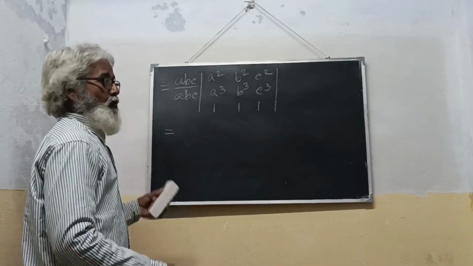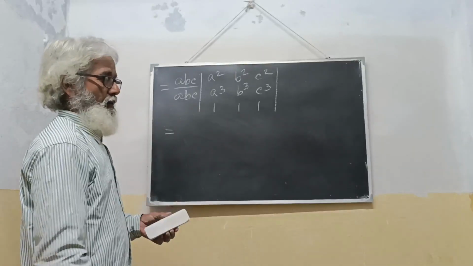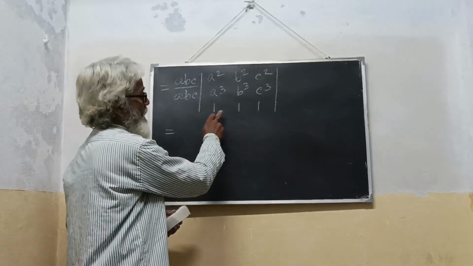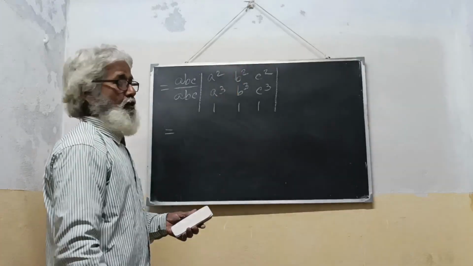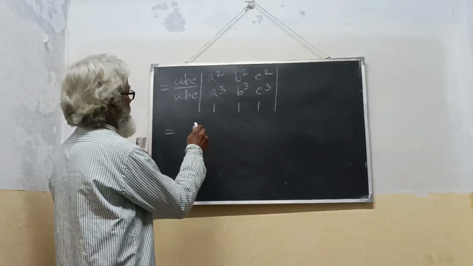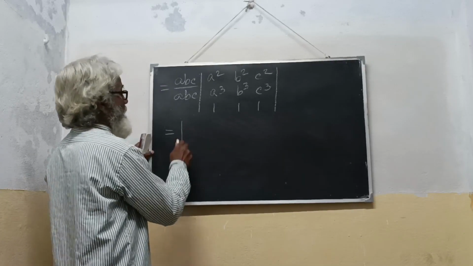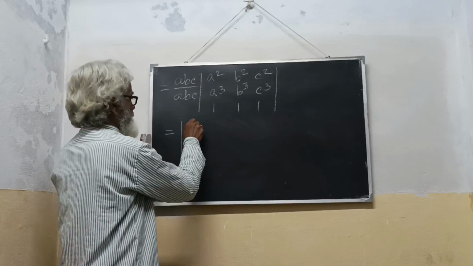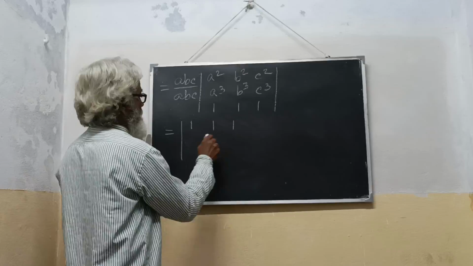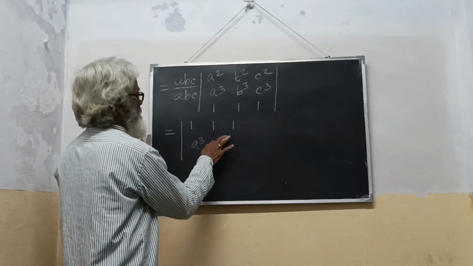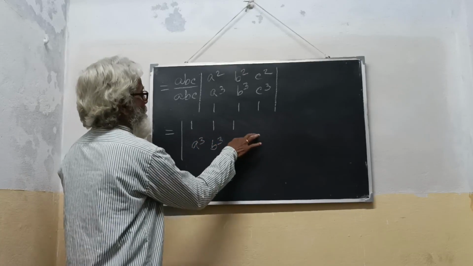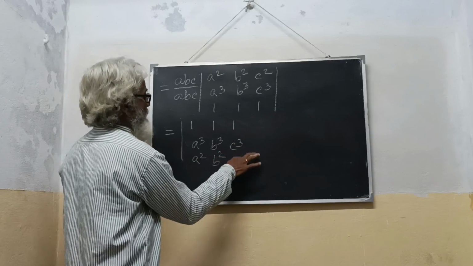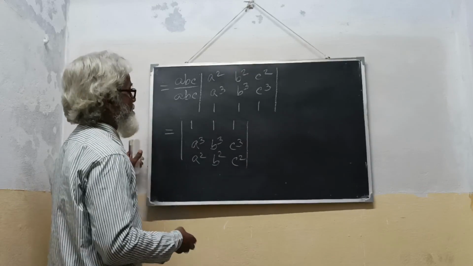Now we see our determinant on the right side. We see that there was 1, 1, 1 in its first row. So we now interchange the elements of first and third rows. 1, 1, 1, A cube, B cube, C cube, A square, B square, C square.